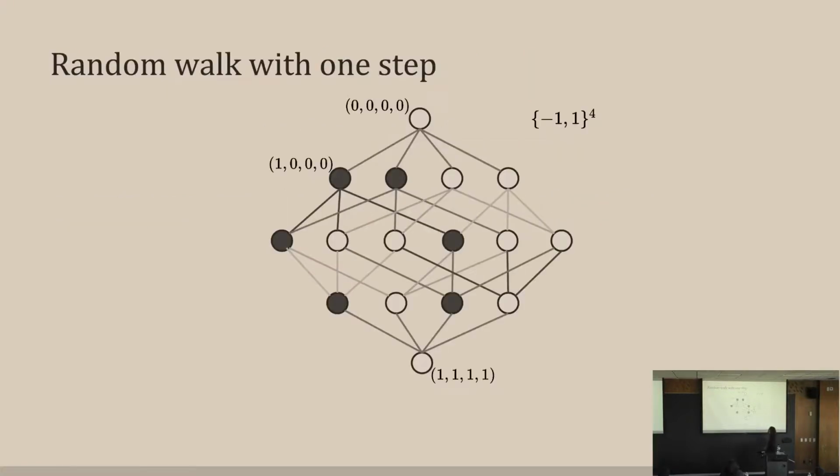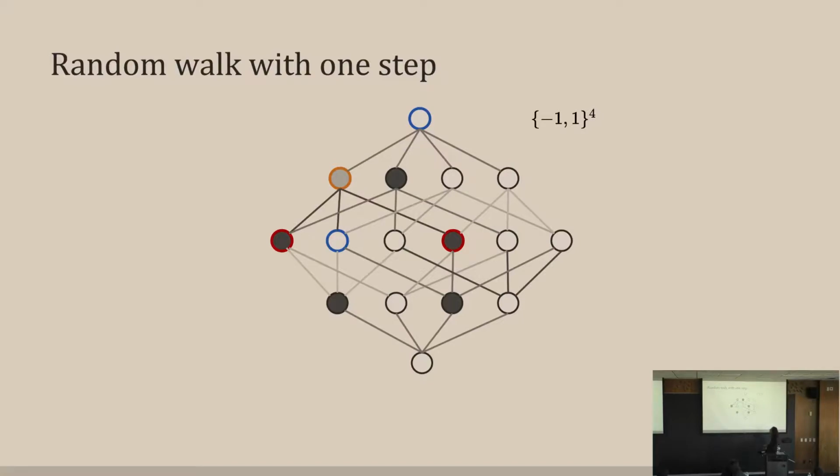We have a cube here. I'm drawing the zeros at the top and the ones at the bottom, and each level means it's a different Hamming weight, which means the number of ones and zeros inside. And what the conductance means is I'm picking a random point inside the set, and I look at the edges going out of the point, and look at how many of them end up inside the set and how many of them end up outside the set.